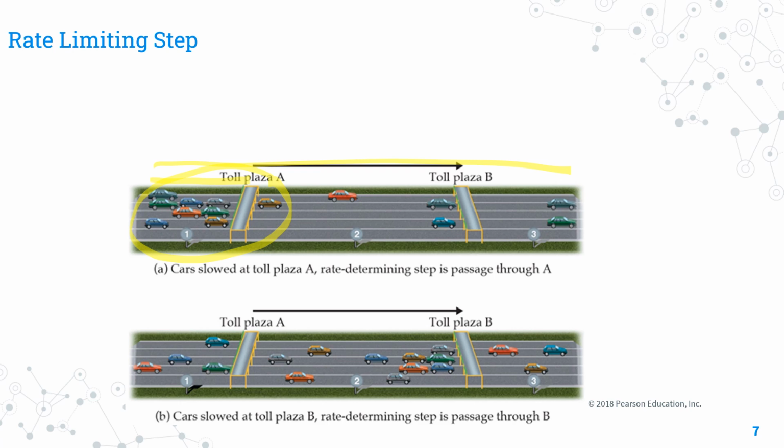So in this case, toll A would be my rate limiting step. If I look at my second scenario, toll A is now quick, but toll B is where everything is bottlenecking. And so toll B will be my rate limiting step. So the rate limiting step can change, it can be different, but nothing can go faster than that slowest step.